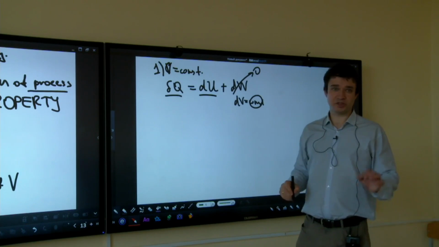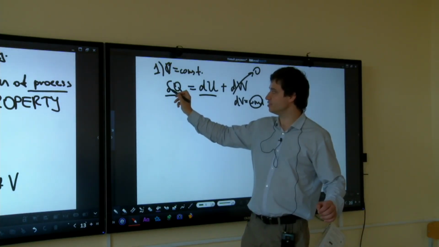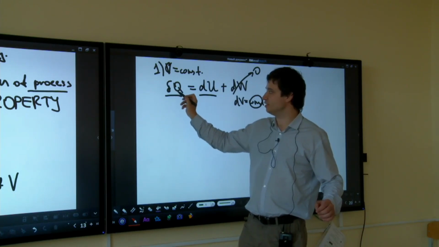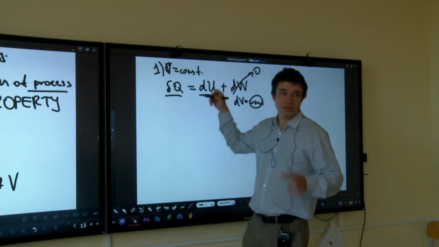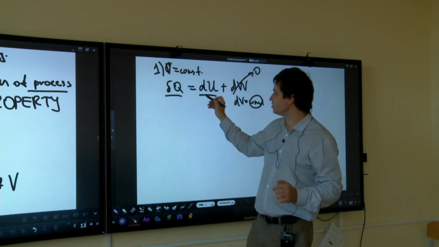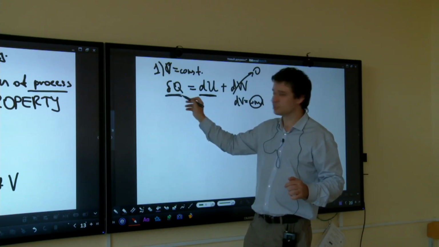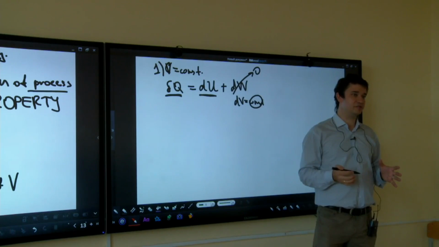You should notice that I use somewhat different deltas when I consider the increment in the amount of heat, and when I consider the small changes of internal energy. Here I use the Latin letter d, and here I use the small Greek letter delta. And there is a reason why I do this.